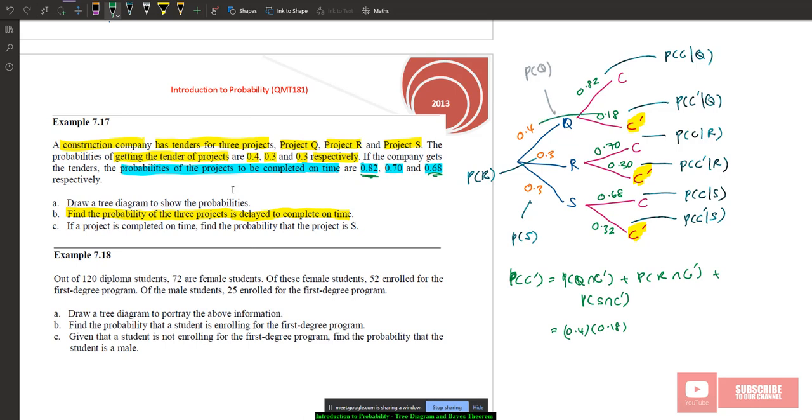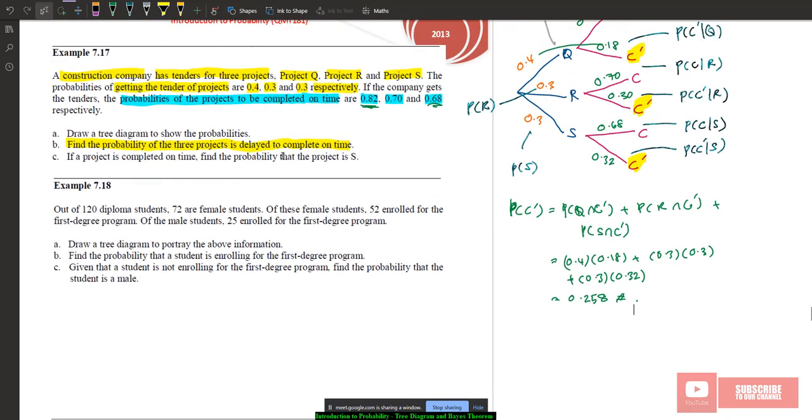So you need to multiply these two together, right? 0.3 multiply with 0.3 plus 0.3 multiply with 0.32. So this one should be equal to how much? It should be equal to 0.258. Right? This is how we find the value. Okay?